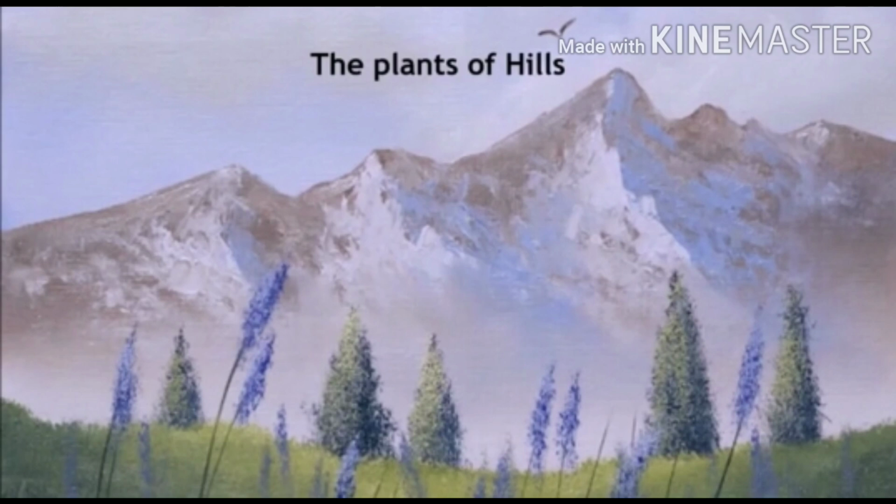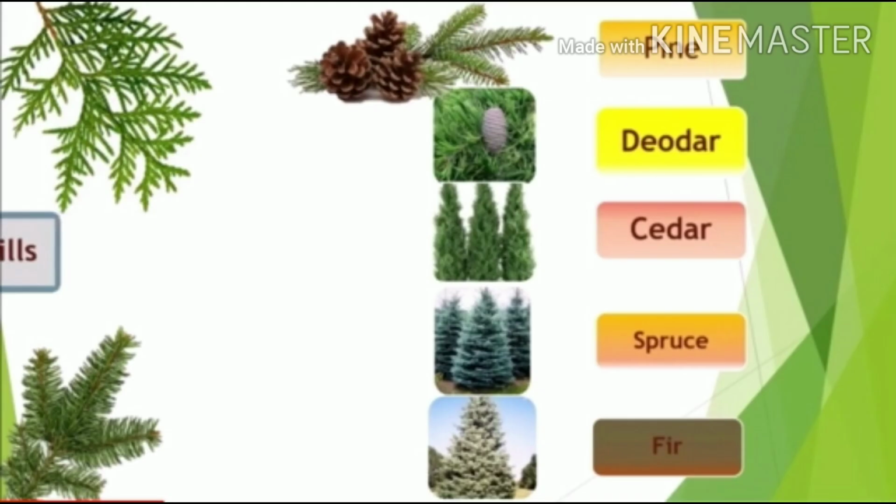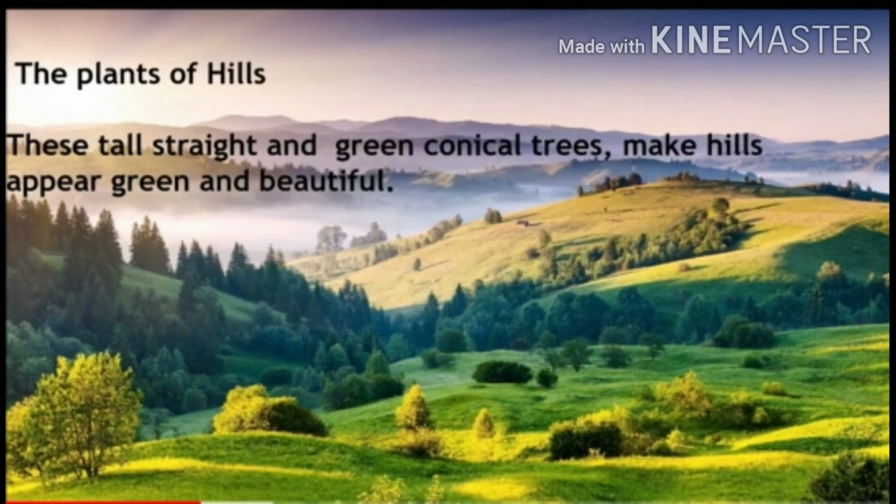Now come to the plants of hills. Pine, deodar, cedar, spruce and fir are some of the plants which grow on hills. These plants are tall and straight and generally have a conical shape. These tall, straight and green conical trees make hills appear green and beautiful.